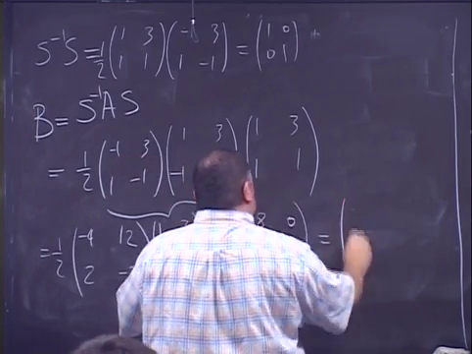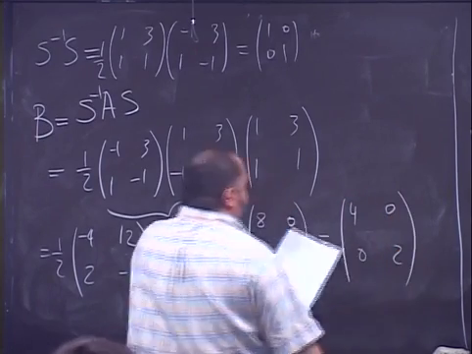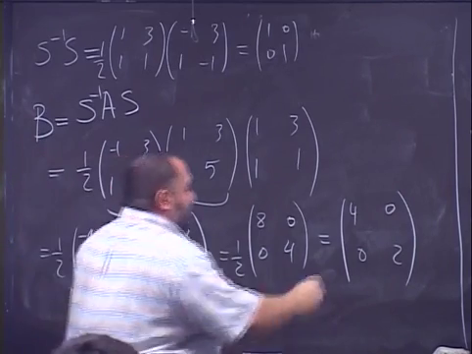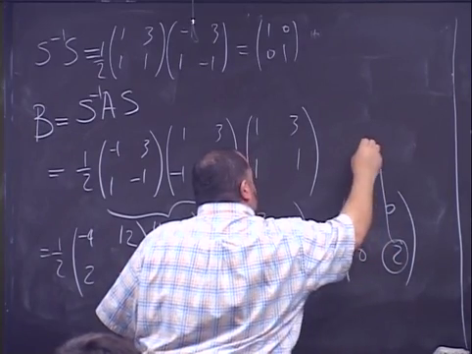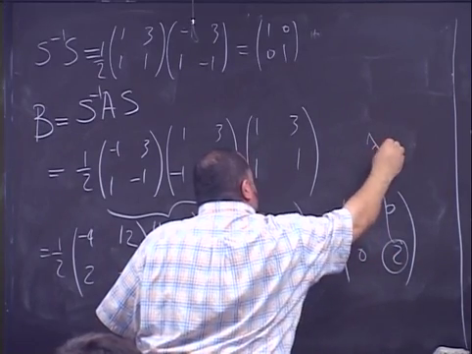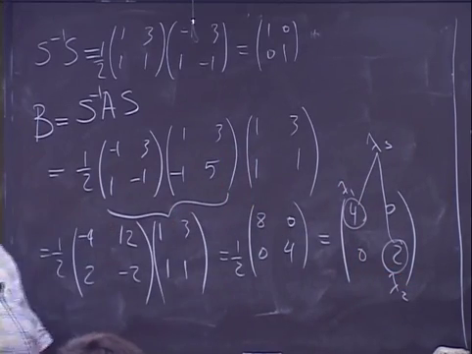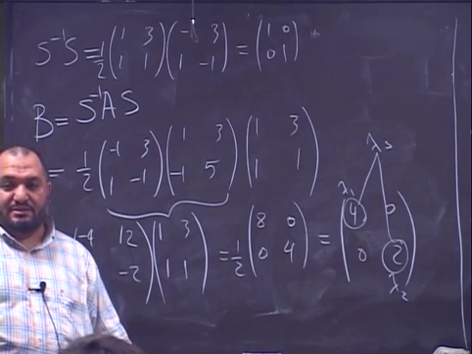Then this will give you 4, 0, 0, 2. What's this, guys? A diagonal matrix. But what are those? Lambdas. This is lambda 1 and this is lambda 2.